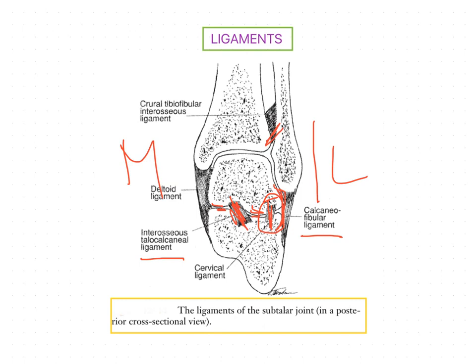On the medial side, the deltoid ligament will give support to the subtalar joint also. So these are all the structures which give support to the subtalar joint and show that it is a very stable joint like the ankle joint. In this joint, dislocations and fractures are also very rare.